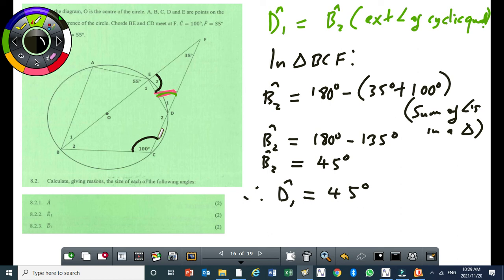She's saying E2 is an exterior angle of a cyclic quad, so it's equivalent to angle C. So this angle is 100 plus 35, you get 135. 135 from 180, you get 45. So you can also answer the question based on what you see.